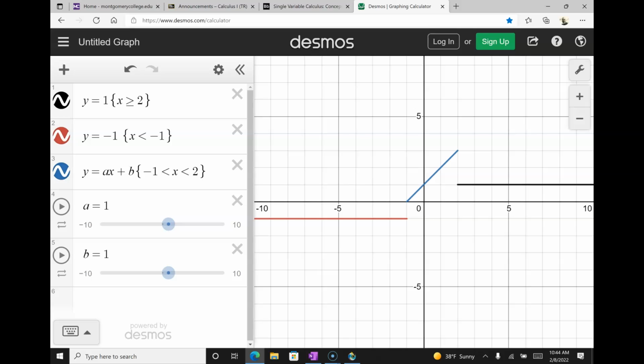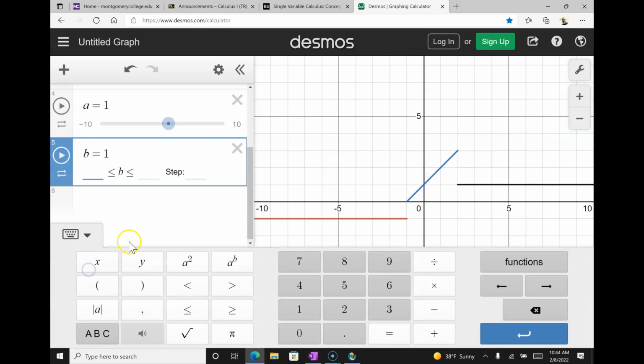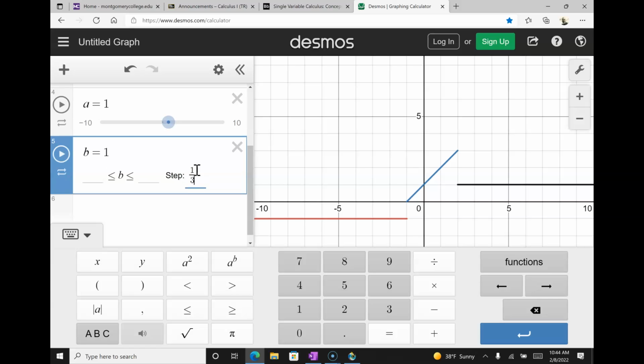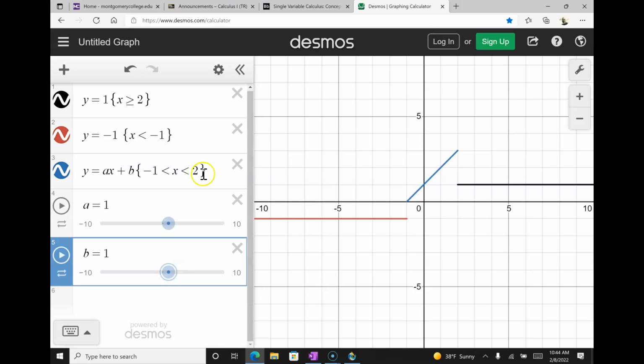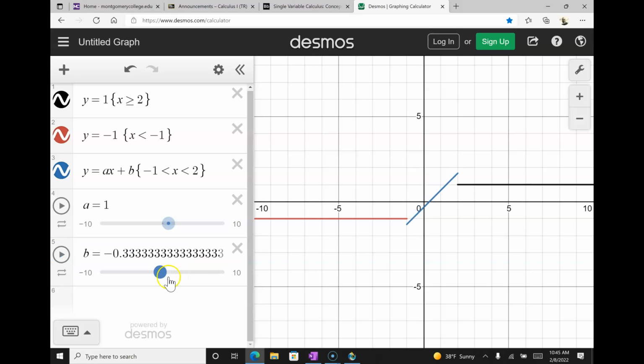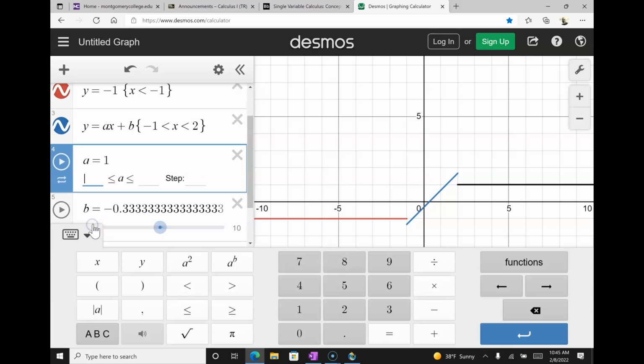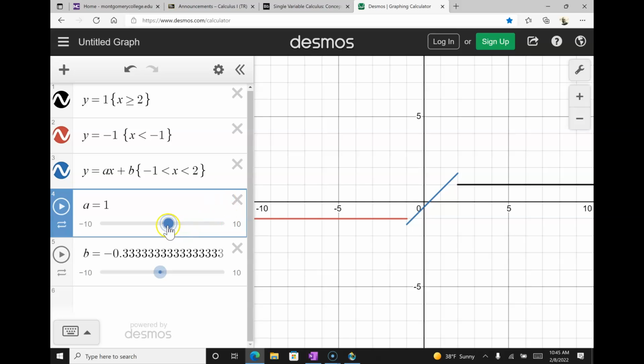So those are with random b values, but what did I get for b? So -1/3 I got. And then what did I get for a? 2/3? Boom.